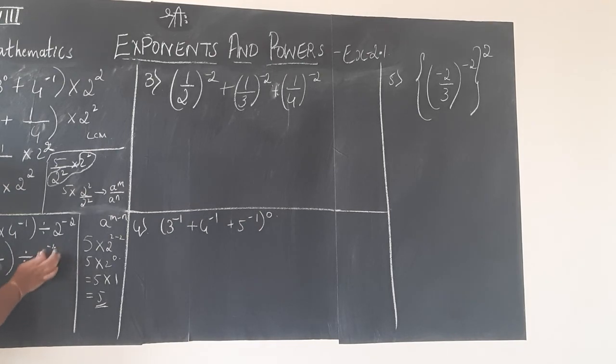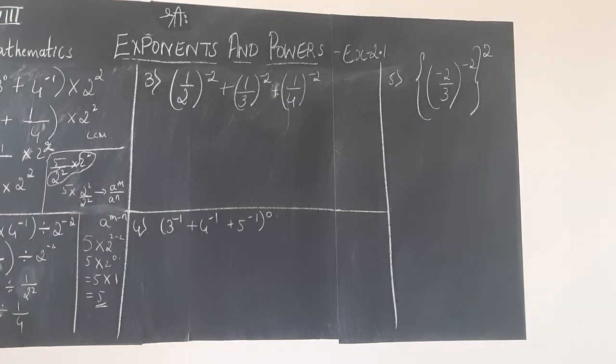Now, here I will not write 2 to the power minus 2. Instead, I will write it in terms of positive exponent. If I send 2 power minus 2 to the denominator, it becomes 2 to the power plus 2. 1 by 8 divided by 2 square I have now. What is 2 square, children? It is nothing but 4, isn't it?